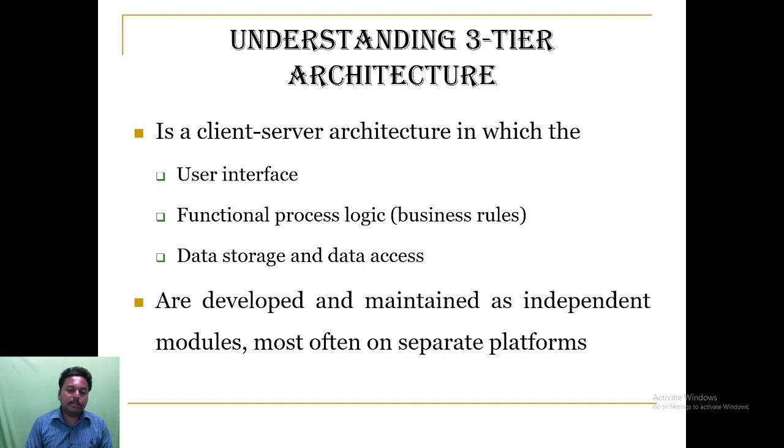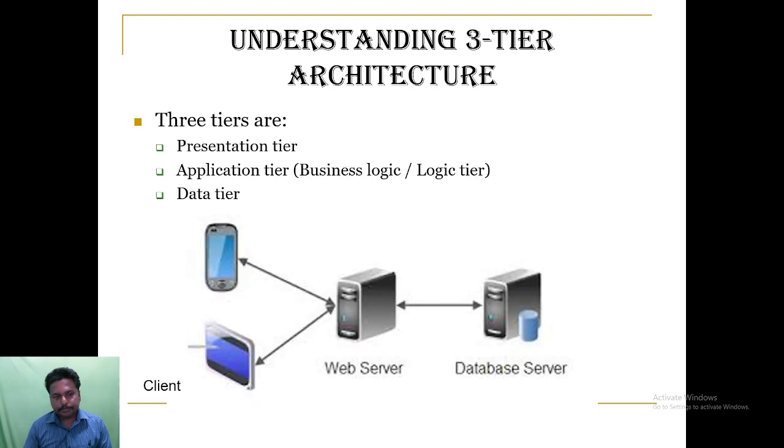What is an independent module? A dependent module is something that depends on hardware devices, any software or any key, etc. Independent modules are accessed by themselves, most often on separate platforms. And the three tiers are client, web server and database servers.